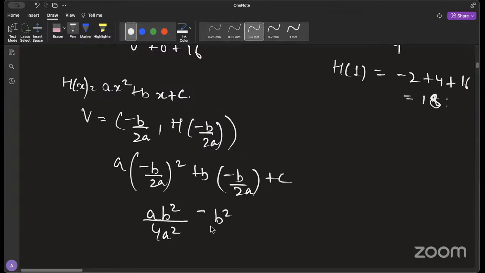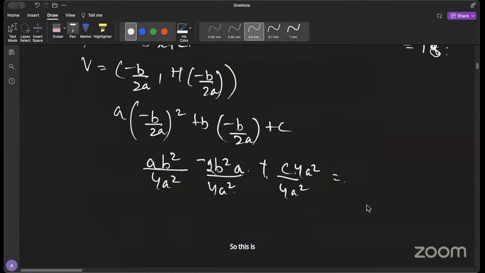and here you will get minus b squared by 2a. If you want to make it 4a squared, you can just do 4a squared here, and here you will have 2a, right? And then here you have c. So you can do 4a square here and 4a square here too.